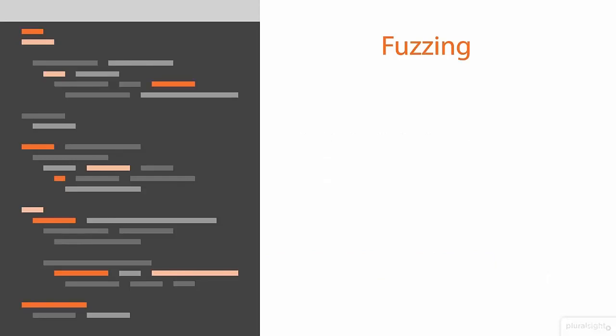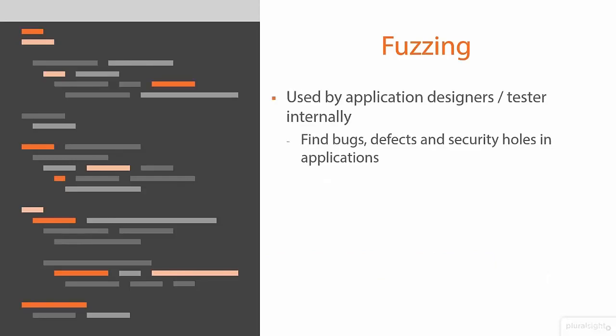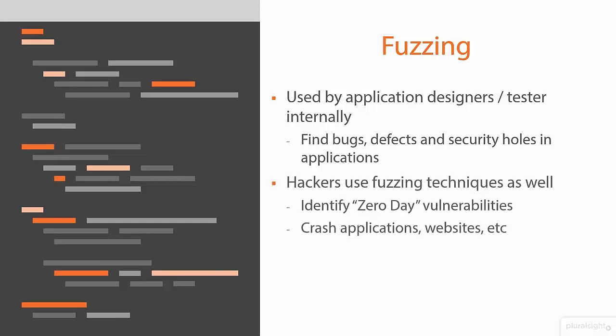With fuzzing, basically it's used by application designers or testers, and it can be done in internal testing to find bugs and defects and security holes in our applications. So it has a legitimate place within the software development lifecycle, in making sure that our things are hardened to a certain degree. But hackers can use fuzzing techniques as well. They can use these techniques to identify zero-day vulnerabilities.